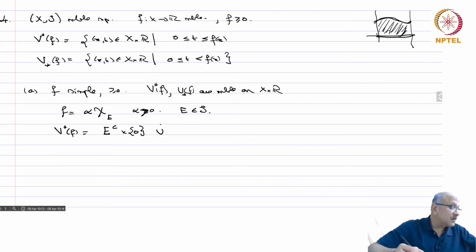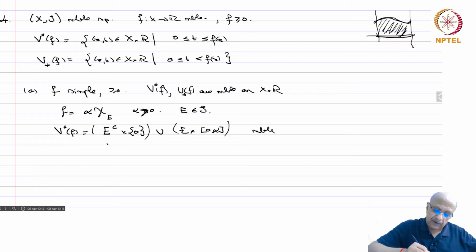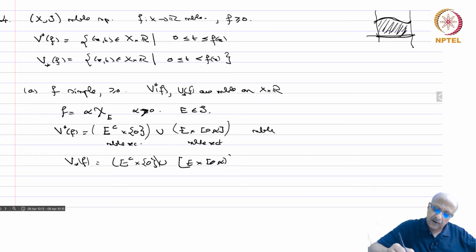So therefore you have this cross E cross [0, alpha]. And then these are measurable rectangles and therefore this is measurable. And V_* f is nothing but E complement cross 0 union E cross [0, alpha) open, and again this is measurable.